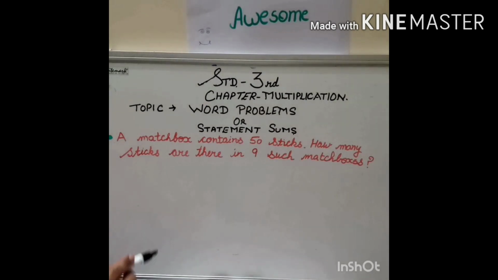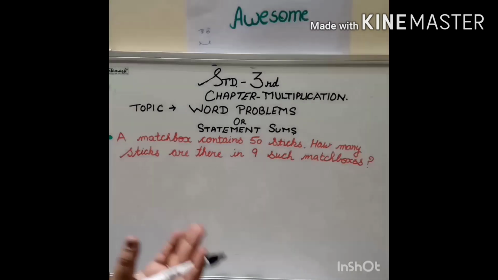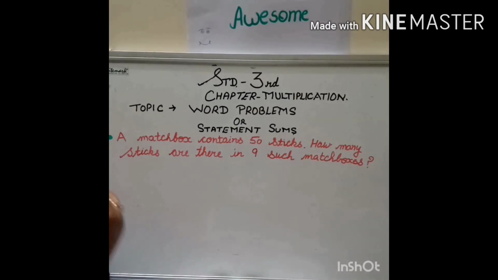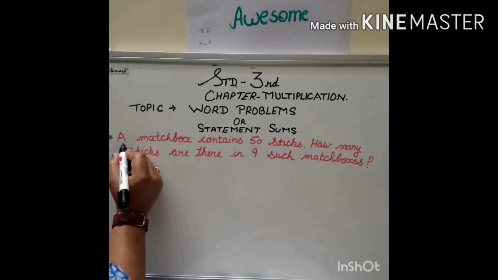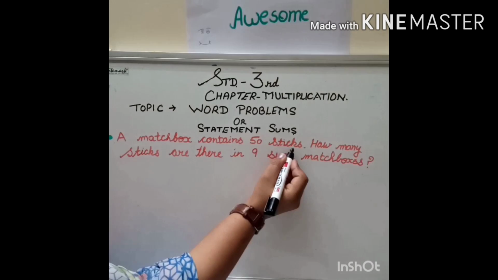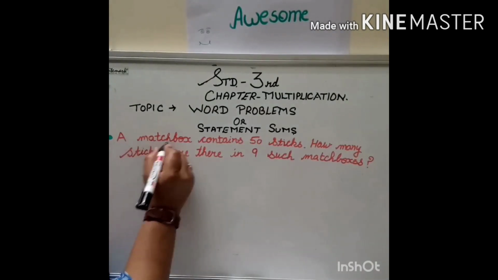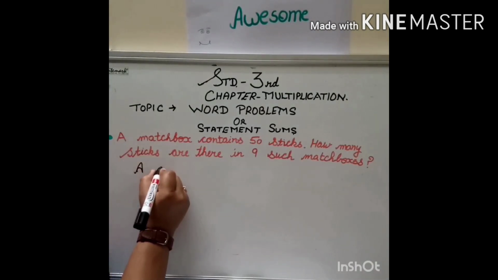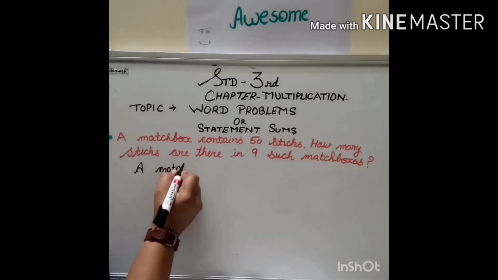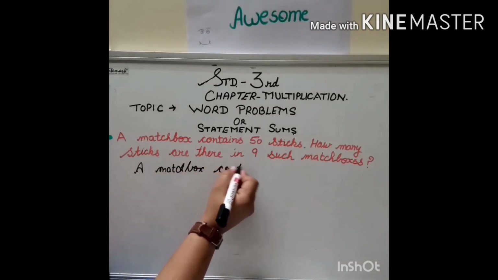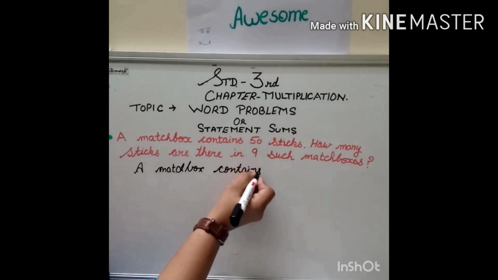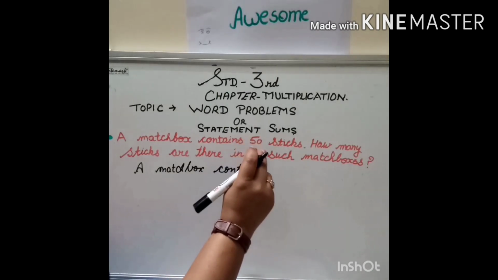Okay children, now I will tell you how to write the statement. Children, there are so many ways of writing the statement. One simplest way is you can write the statement from the question itself. You can write as it is: A matchbox contains, and only the digit, children, you have to write after the equal to.